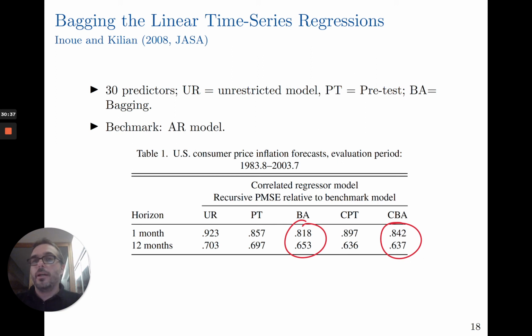Okay, but I think the big question is choosing between bagging and lasso or combining both, and I'm going to show you an application where I can show that bagging can be more general than just improving on t-tests.